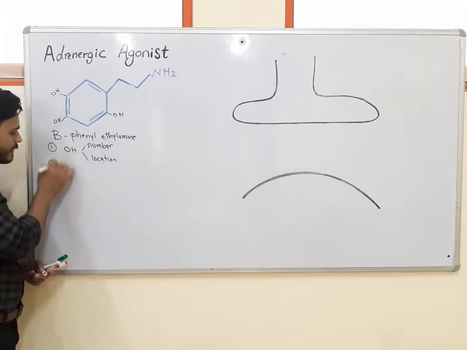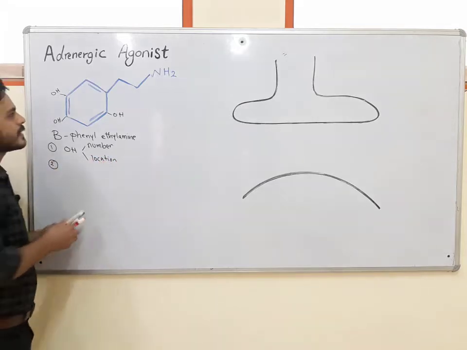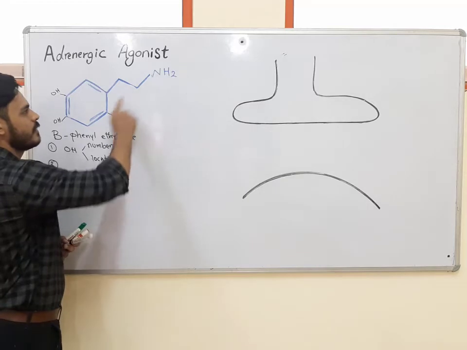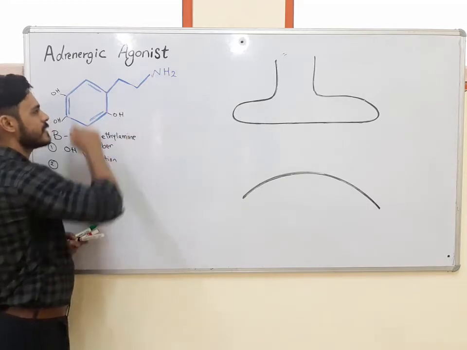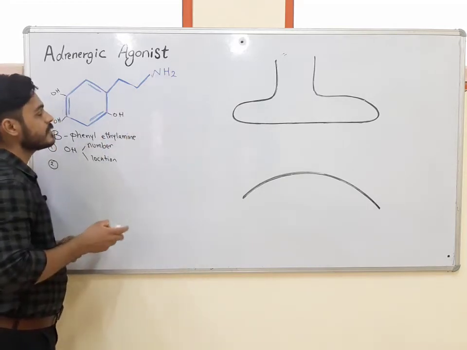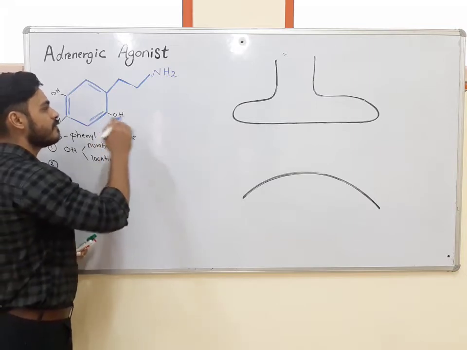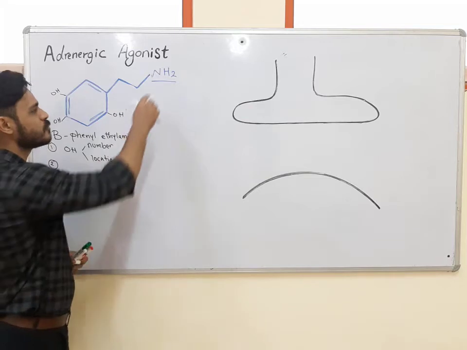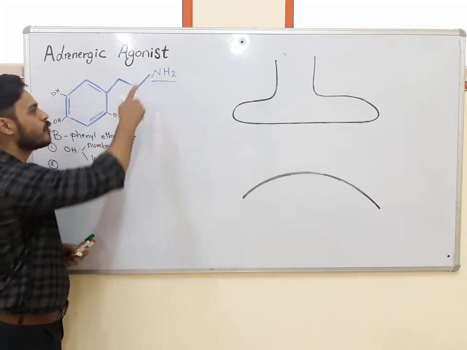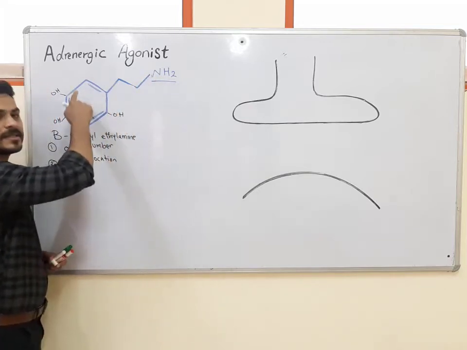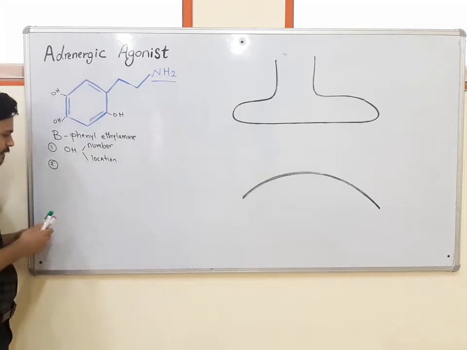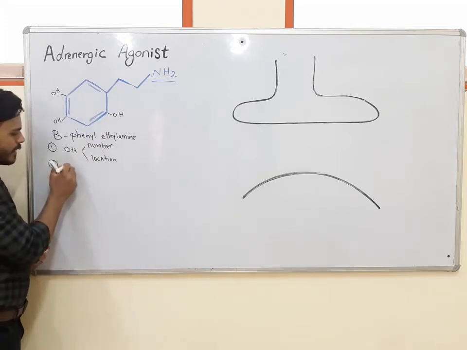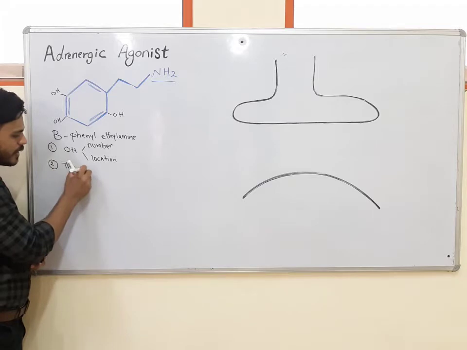The second difference is, look here, this is the side chain and this is the amine group of the side chain. The second difference is the nature of the substituent which binds to this amine group of the side chain of the benzene ring.